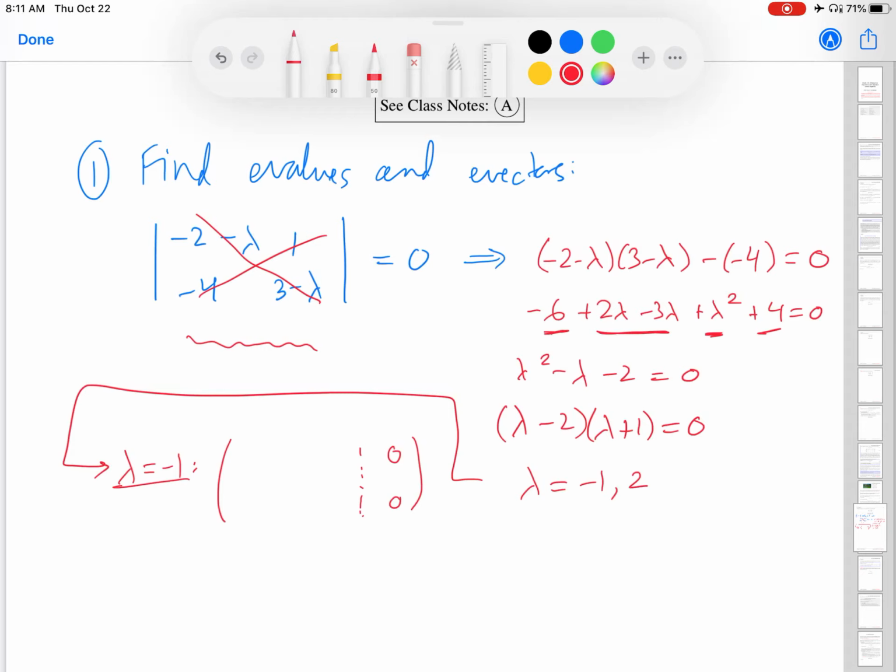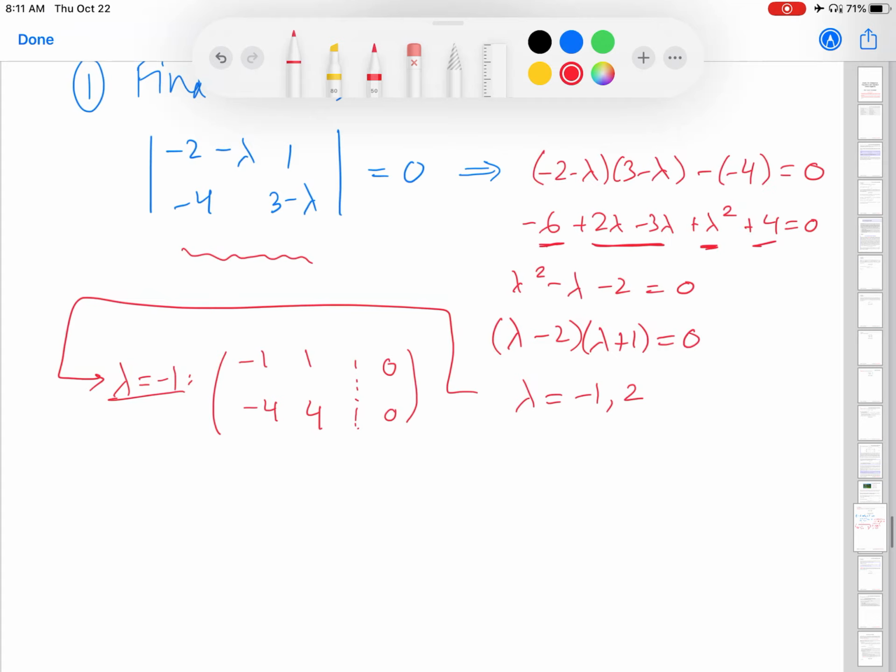If I put lambda equals negative 1 in here and in here, I would get negative 2 plus 1, that's negative 1, and then keep the 1 here, keep the minus 4 here. And for this one, I would get 3 minus negative 1, 3 plus 1, 4. There we go. Now I use my row operations to reduce this matrix.